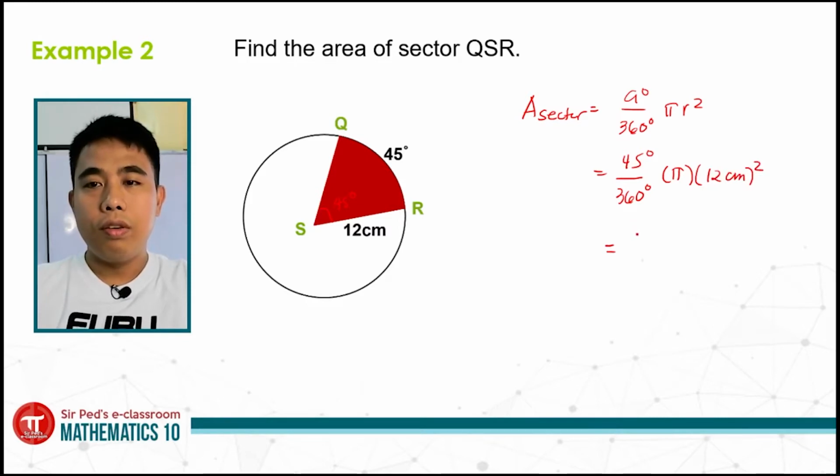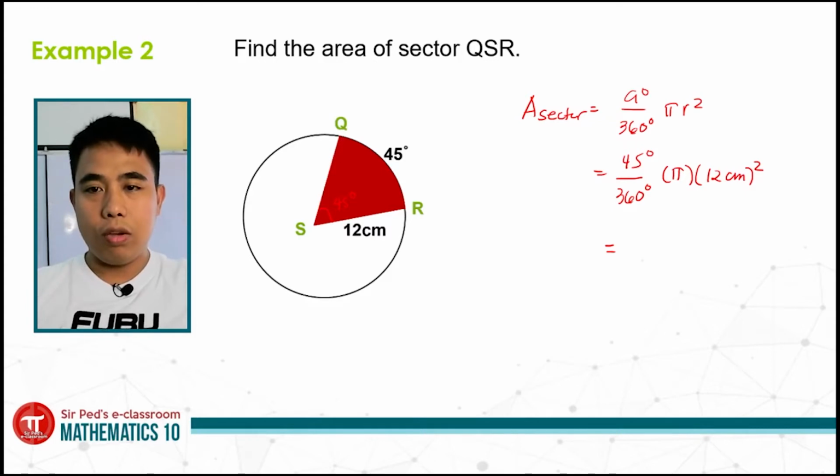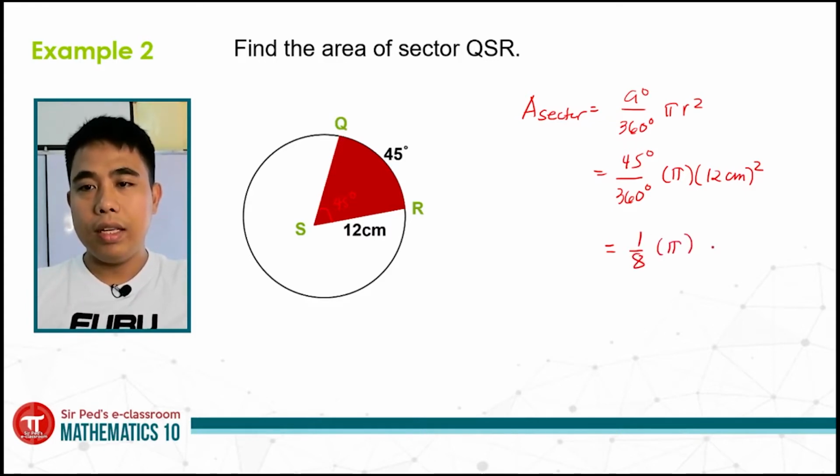So, 45 over 360 is equal to 1/8, times pi times 12 squared, which is 144 square centimeters.